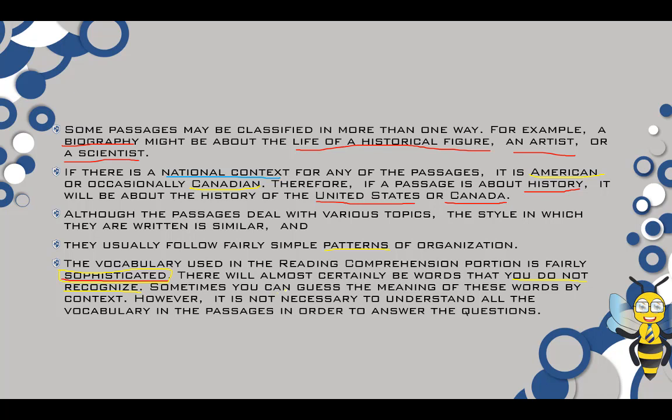You might guess the meaning of words according to the context of the sentence. But it is important to understand all the text, not only one or two words, so you can answer the questions.